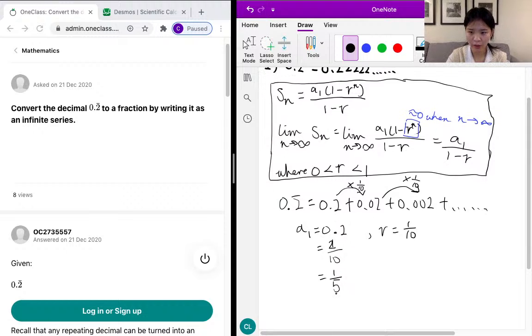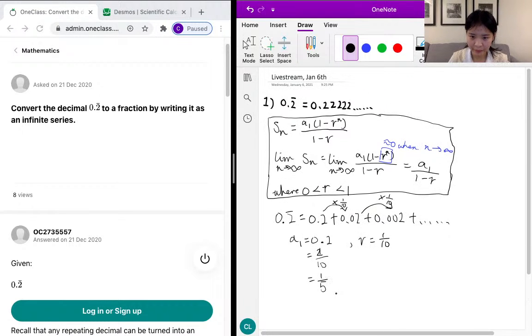Okay, so we know the term A1 is 1/5 in this case, and the term R is equal to 1/10.